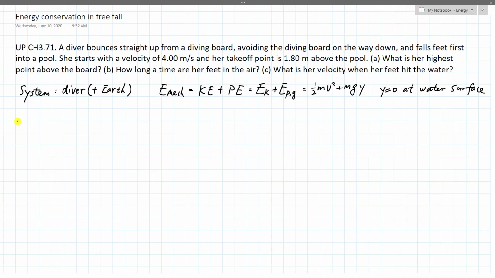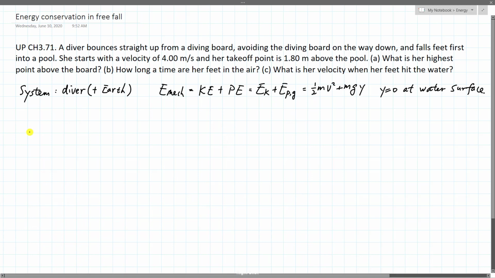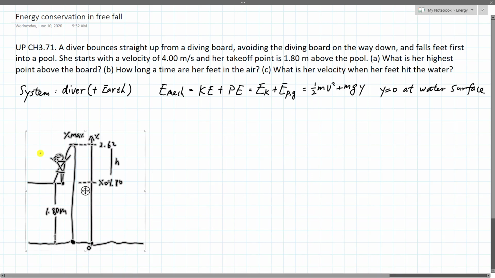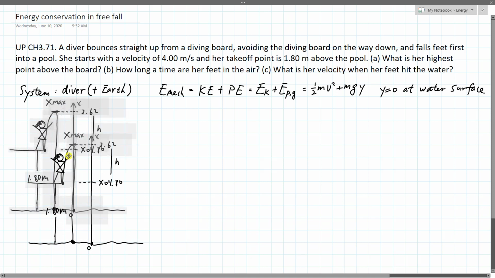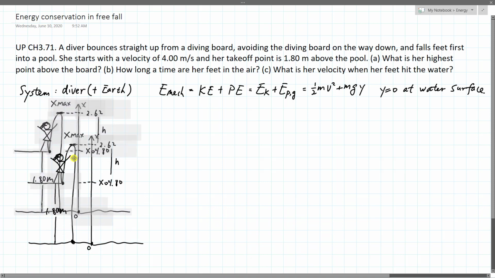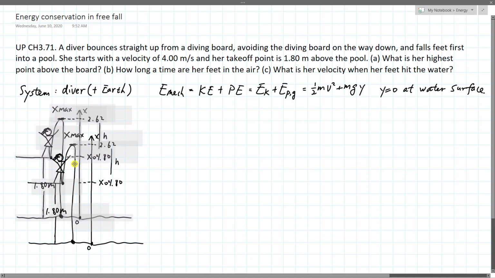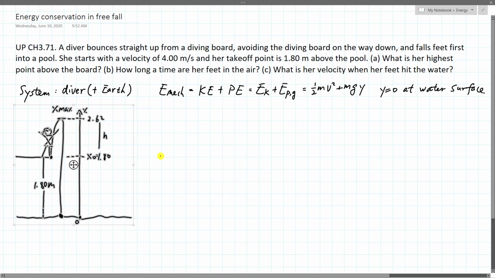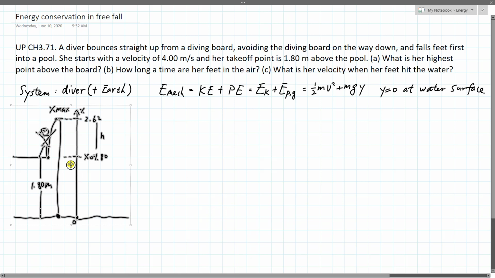Back to energy. I like to have this diagram because potential energy is related to configuration or height. Let me move this a bit to the left so I can line up with the grid lines. Good.